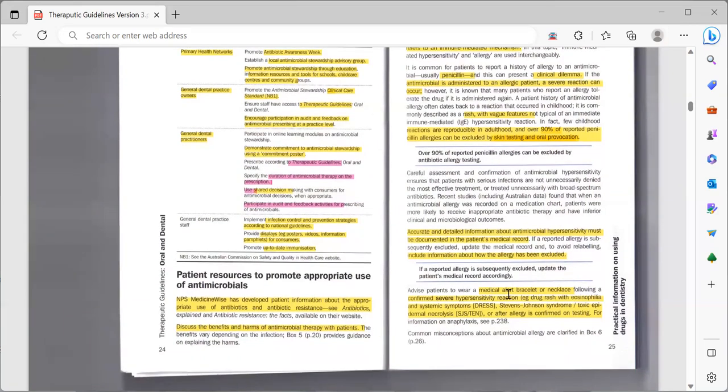If the patient comes to you and says that he is allergic, you advise him the tests, which are skin testing or oral provocation.